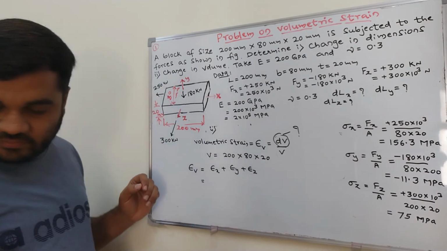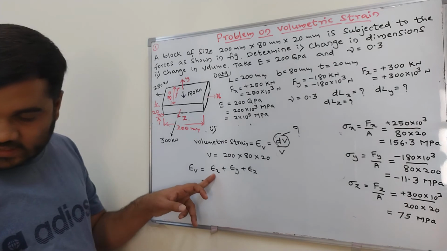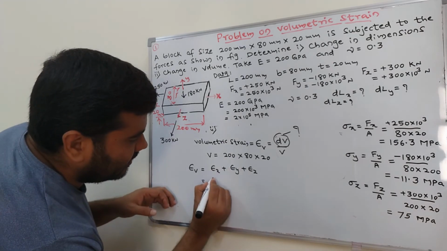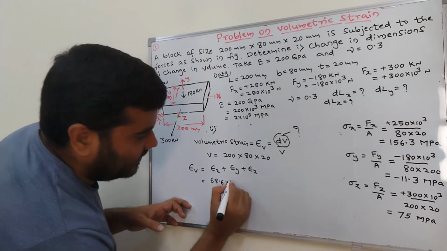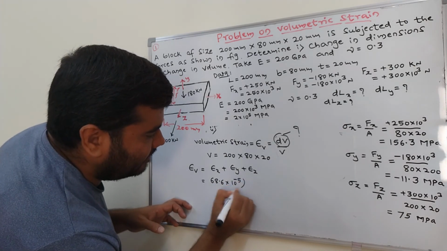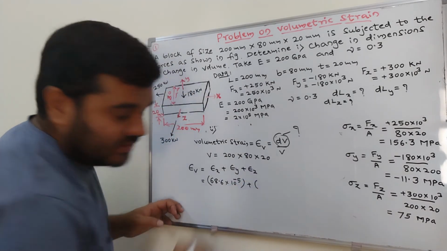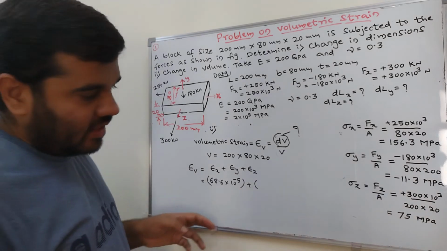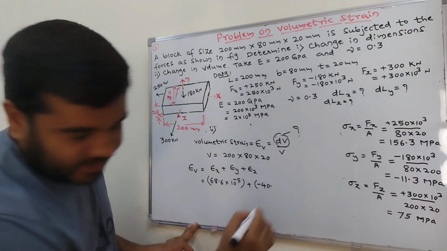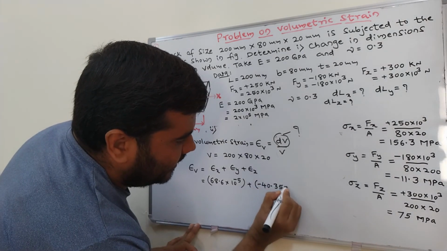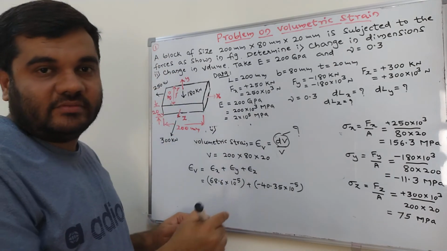Strain in x direction we already calculated before, that is 68.6 into 10 raised to minus 5, plus strain in y direction, minus 40.35 into 10 raised to minus 5, which we already calculated before.